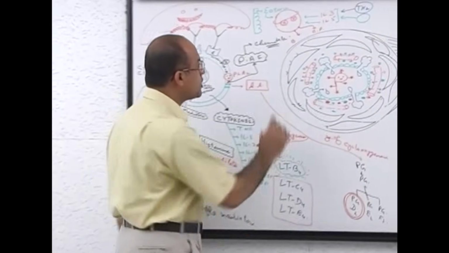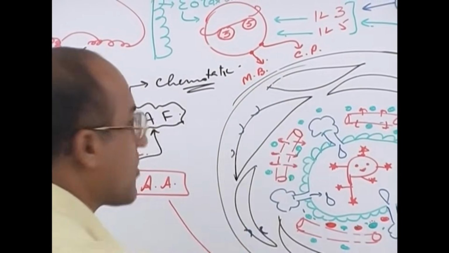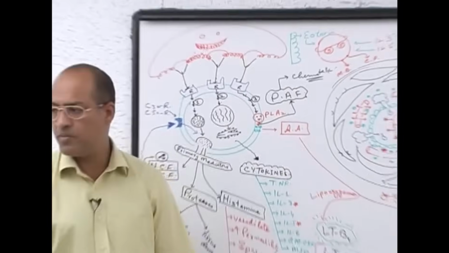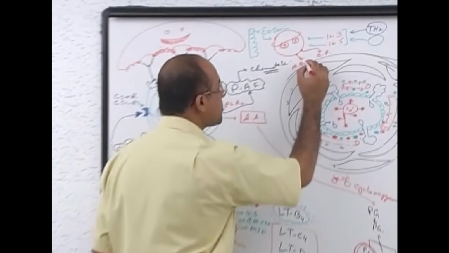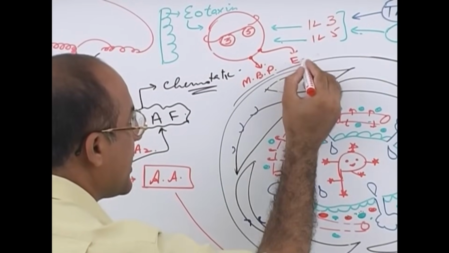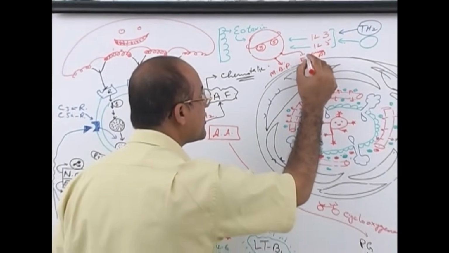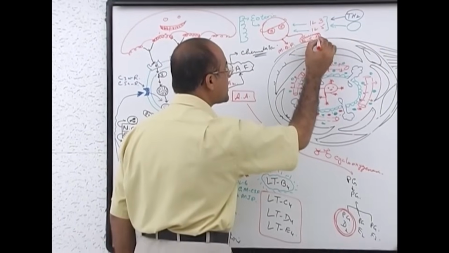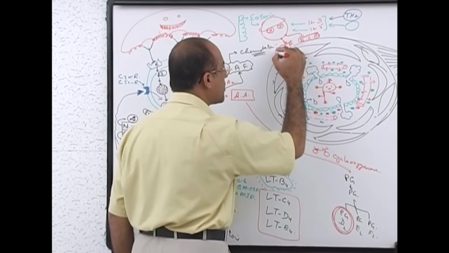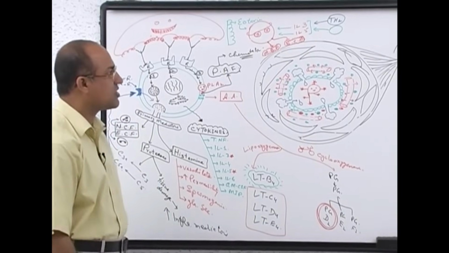The other thing they produce is major basic protein. This major basic protein and eosinophil cationic protein, these two are very dangerous because they can damage epithelial cells and many other cellular components around, near, or within the reaction site.